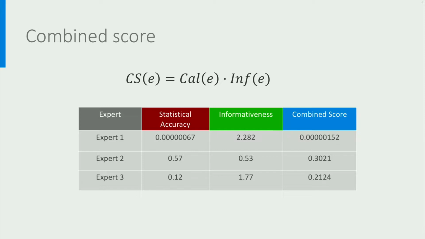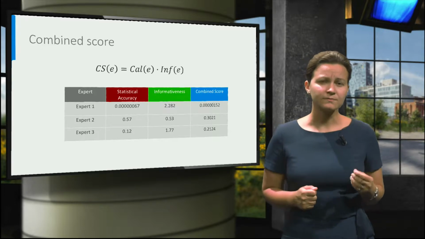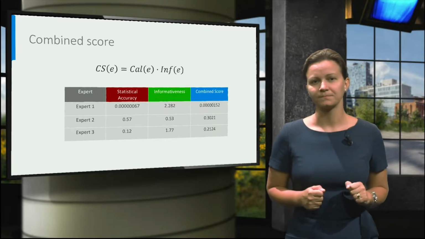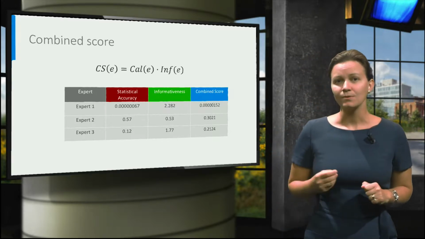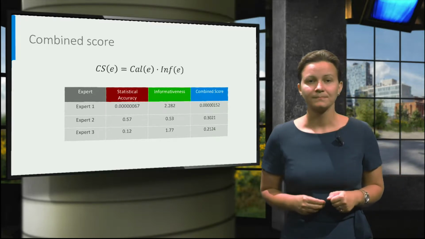Expert 1 has a very low combined score of 10 to the power minus 6, which is due to the very low statistical accuracy. So note how the combined score is actually driven by the statistical accuracy. We can now objectively evaluate experts' overall performance.